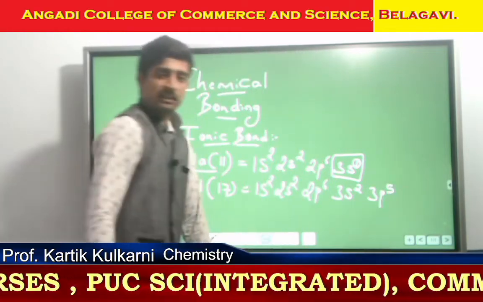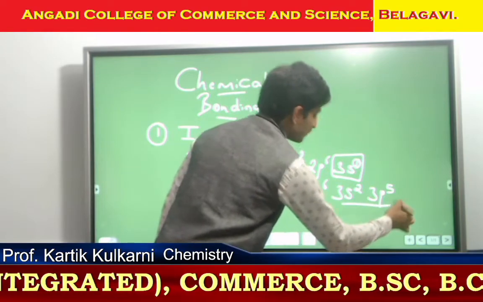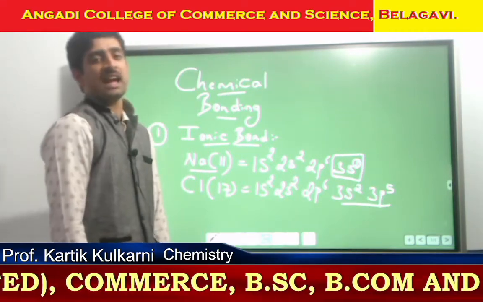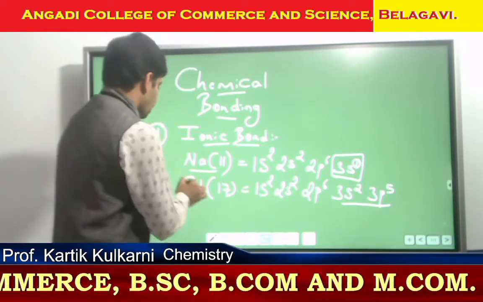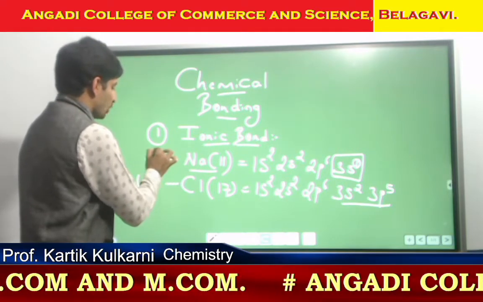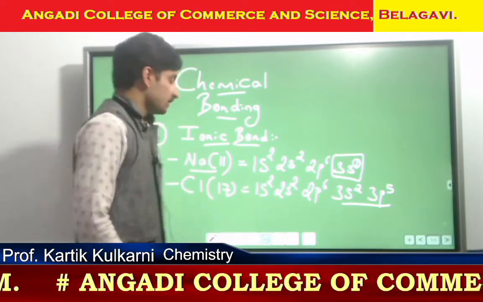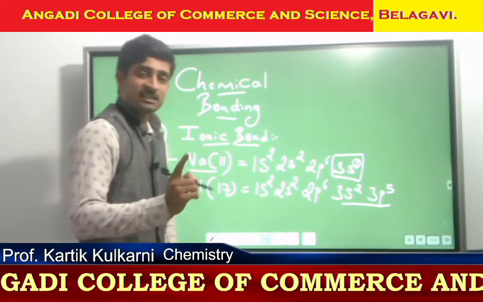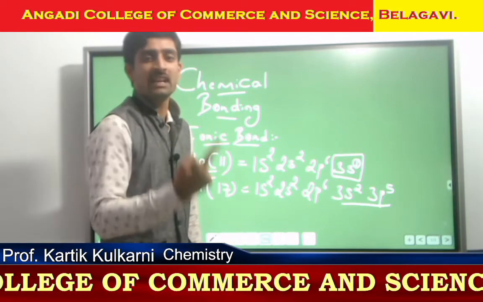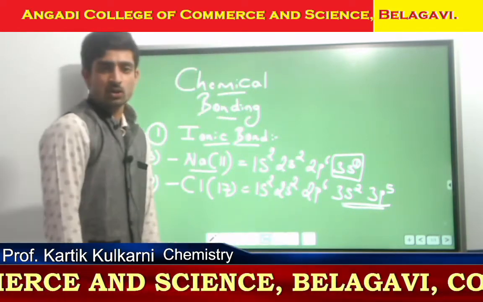In this we consider both the s orbital as well as the p orbital together as the outermost orbital, because chlorine belongs to the p block and sodium belongs to the s block. An s block element has only s character, whereas a p block element has both s character as well as p character. That's why we consider these two as the outermost orbital.